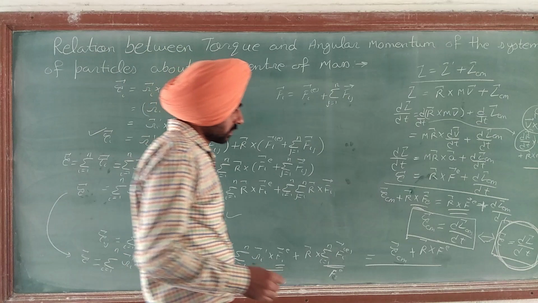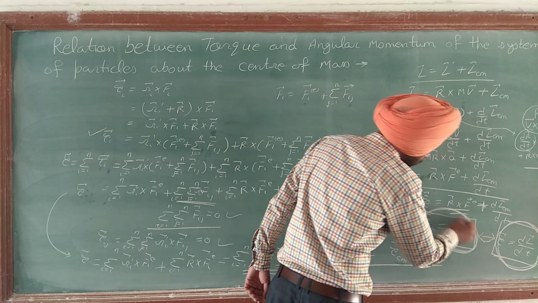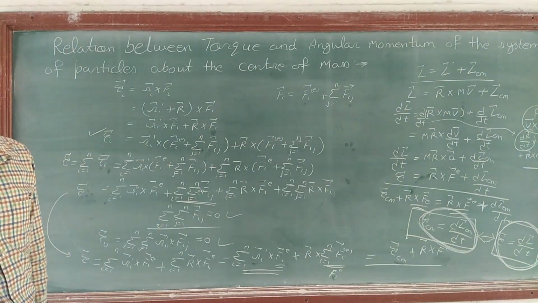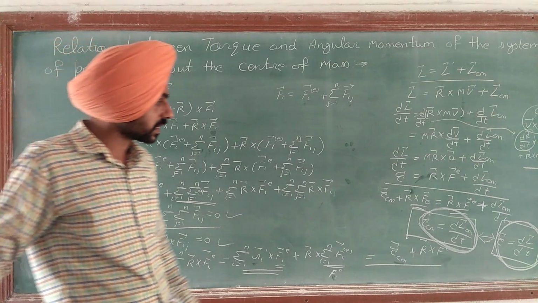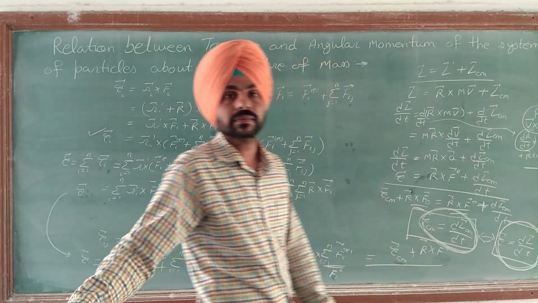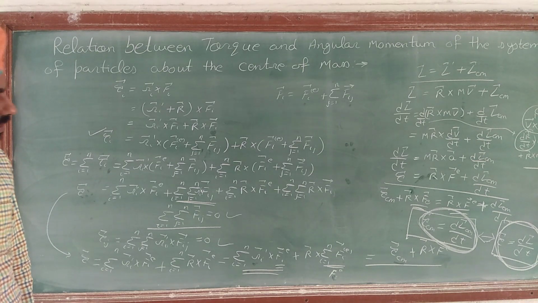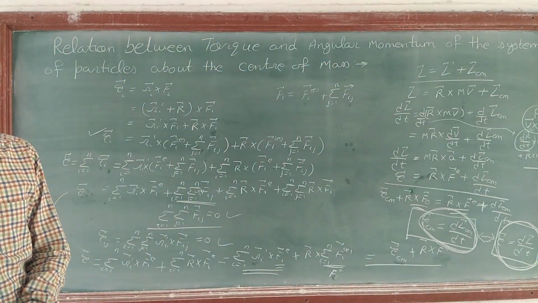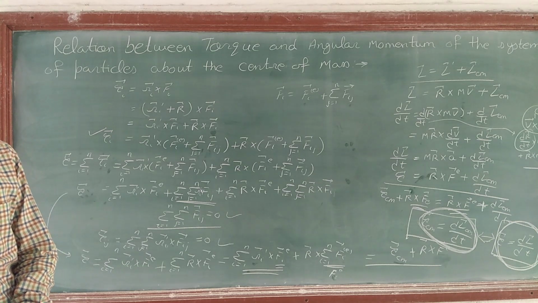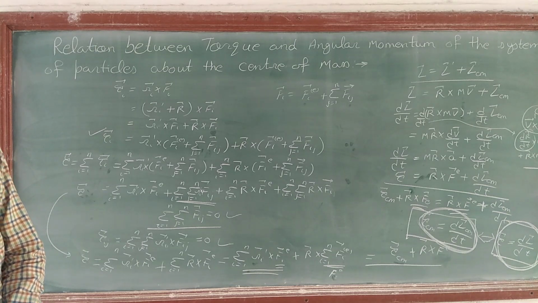On the other hand, tau Cm equal to dLCM upon dt holds good if both angular momentum and torque are calculated about the center of mass. The center of mass may or may not be at rest in an inertial frame. Thus, this expression tau Cm equal to dLcm upon dt holds good irrespective of the motion of the center of mass. So this is a remarkable property of the center of mass.